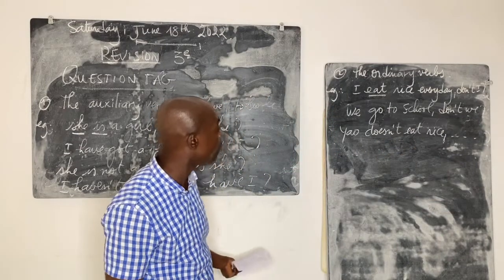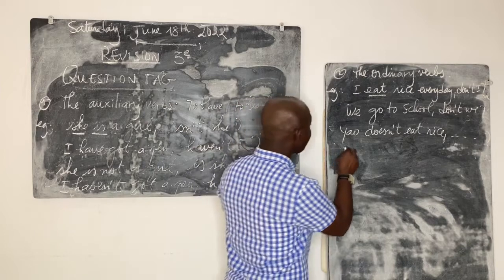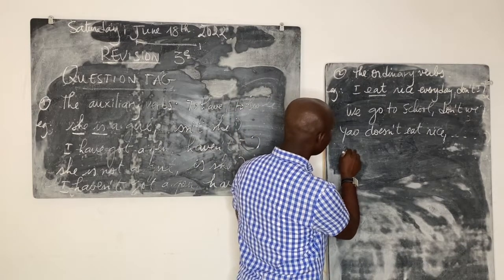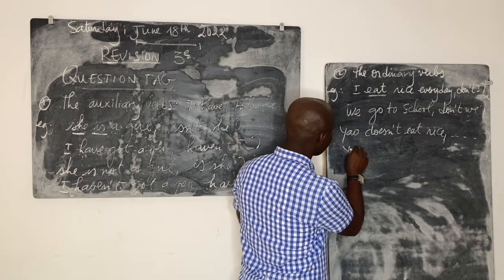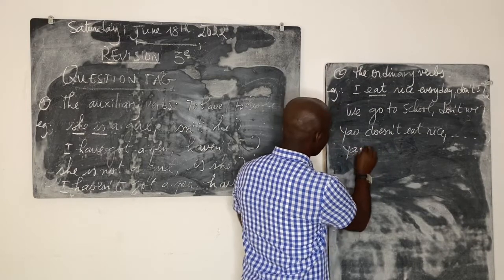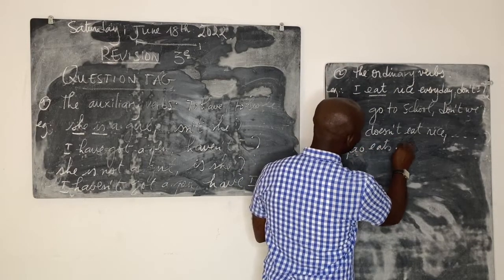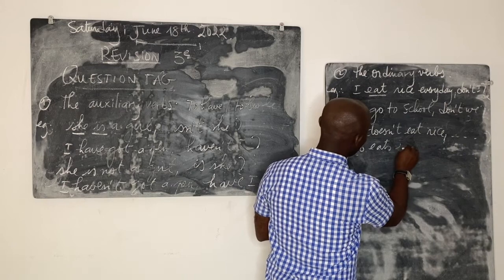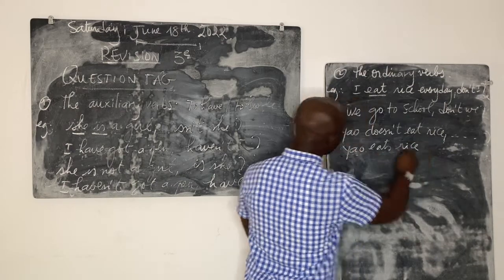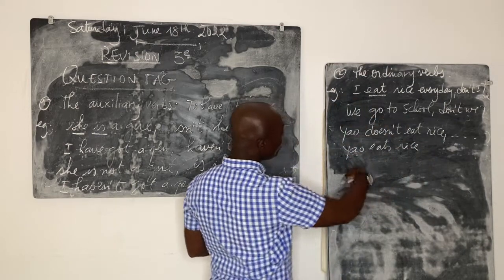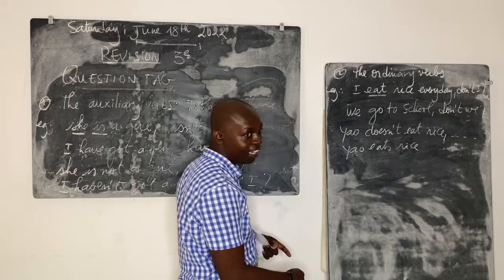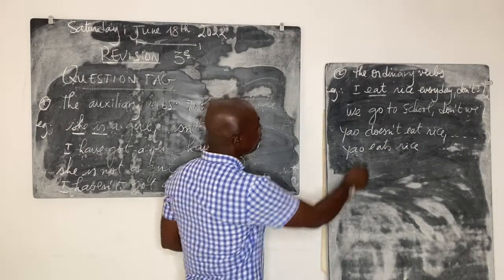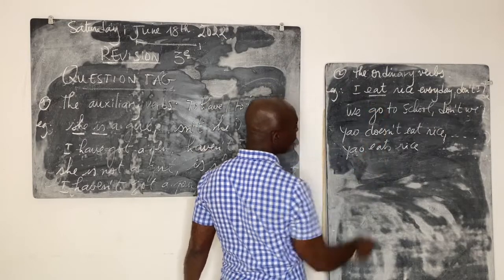So we have Yao doesn't eat rice. In affirmative form, it's going to be Yao eats rice. This is in affirmative form. So when you translate it, to put in the question tag, we use the same techniques here.